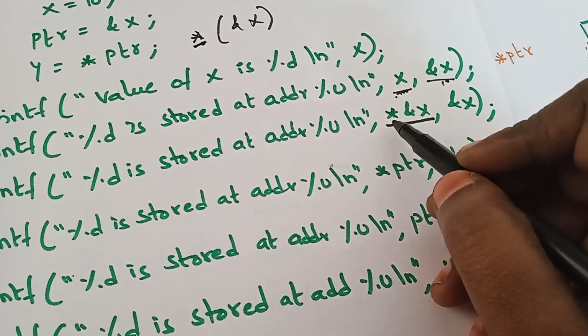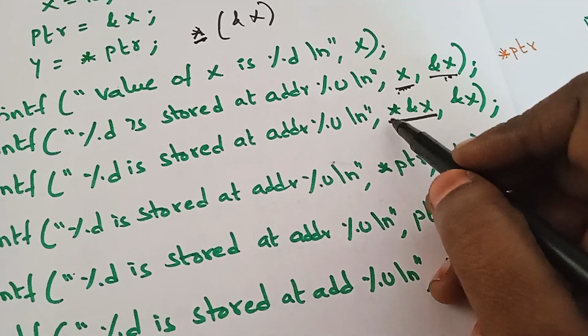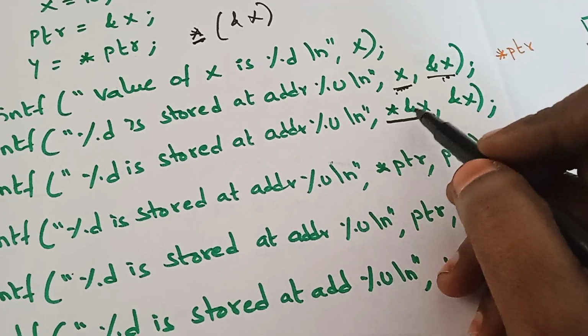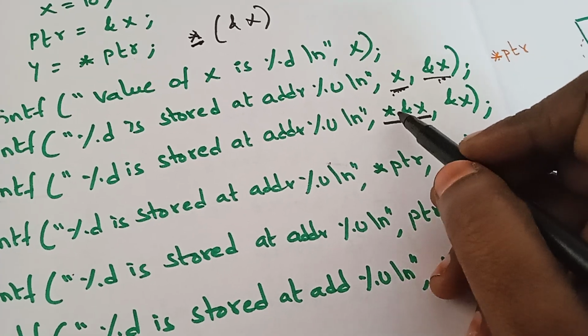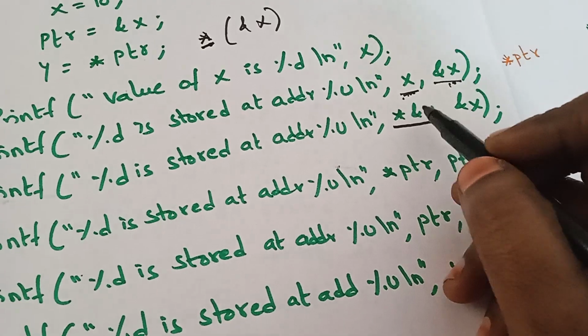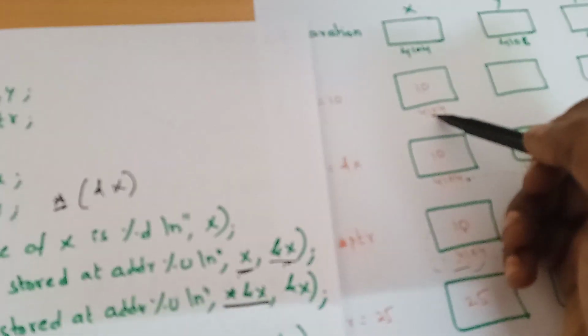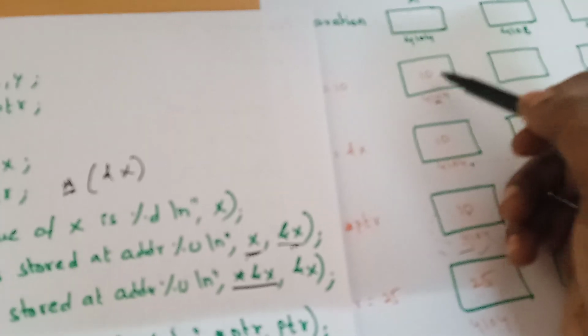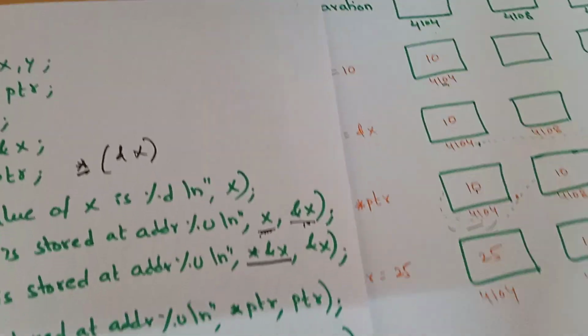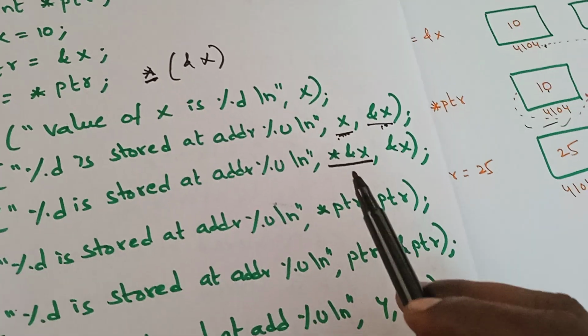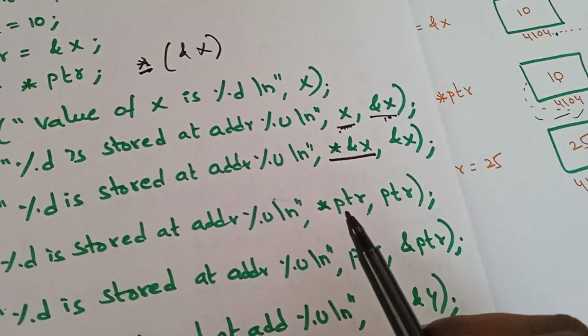What do you mean by this star? Value. Where? Address of x. The value which is available in the address of x. What is that value? 10, right? Now this is also called *ptr.